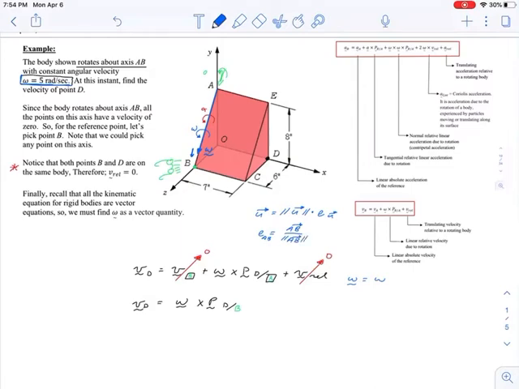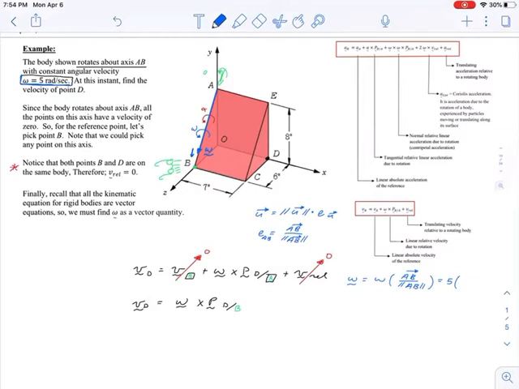So this would be omega multiplied by AB divided by the magnitude of AB, which is 5 radians per second multiplied by vector AB.